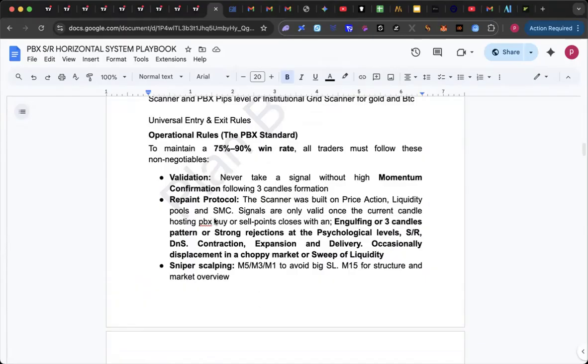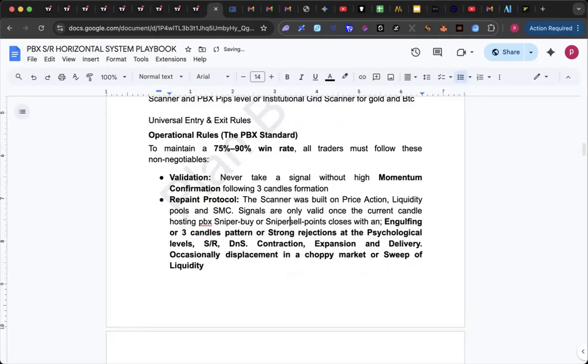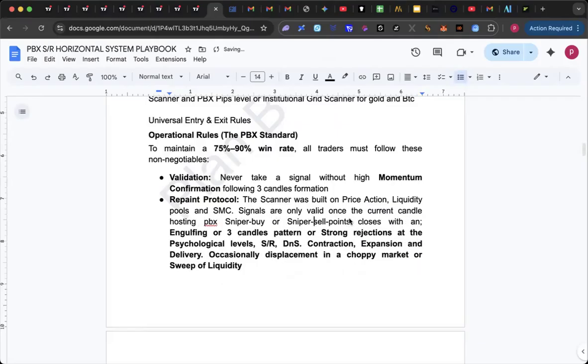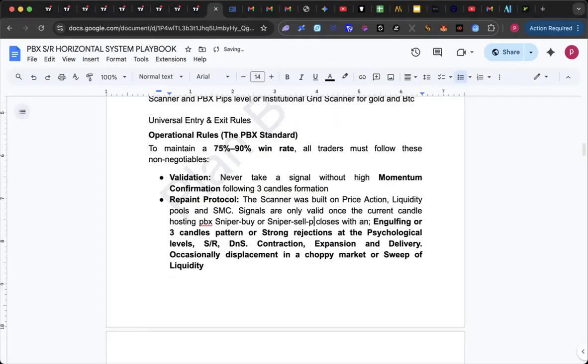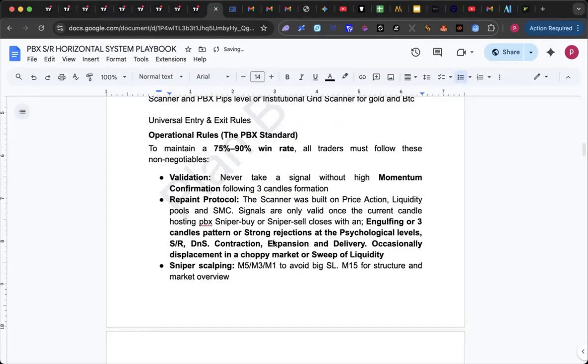PBS sniper sell. Sniper buy or sniper sell.